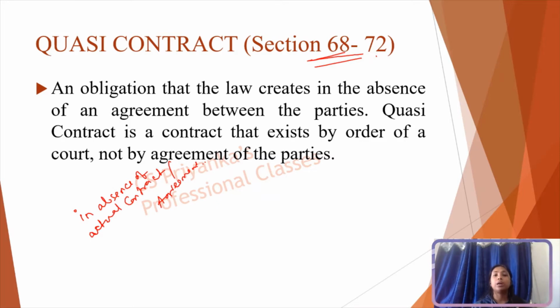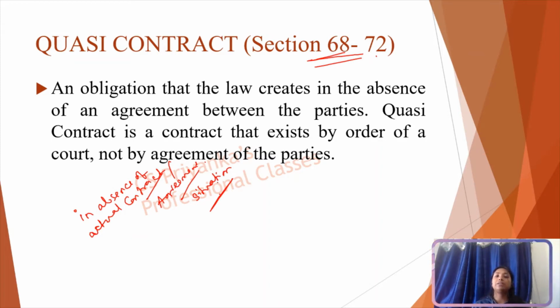That means suddenly law creates a contract in absence of actual contract. So actually there was no contract, no agreement between any parties, but due to some situation, you are liable to perform your work and law creates it instead. Got it? That is quasi contract.